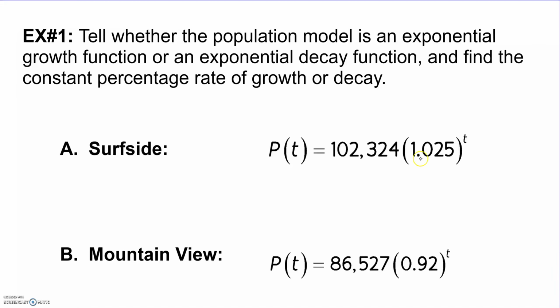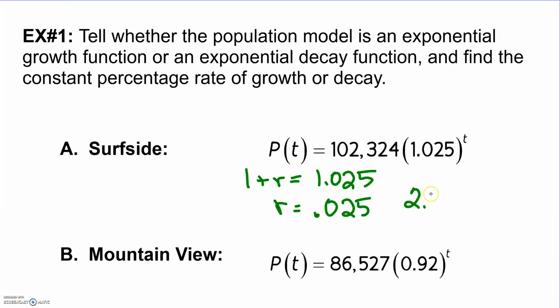So remember, whatever is being raised to the power here, that is your 1 plus R. So in this first one, 1 plus R is equal to the 1.025. That means that R, if you subtract 1 from both sides of that equation, would just be 0.025. So that is a 2.5% growth rate.